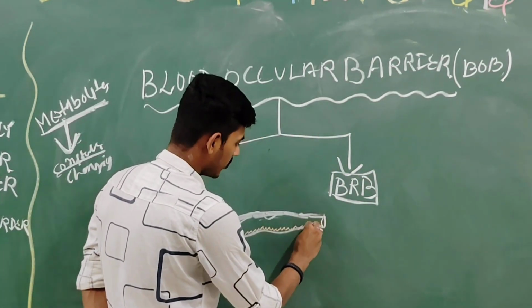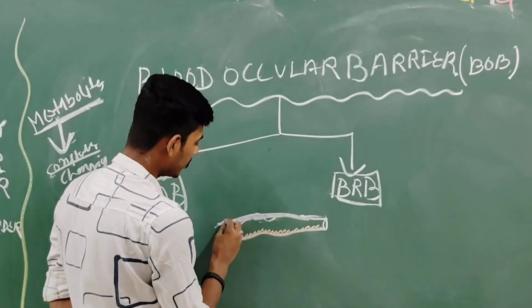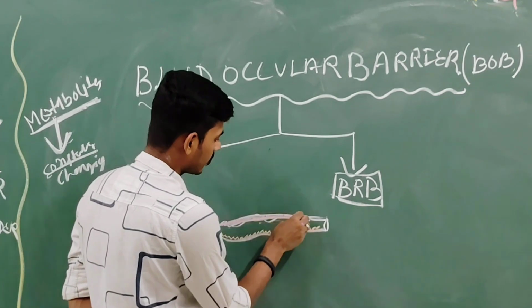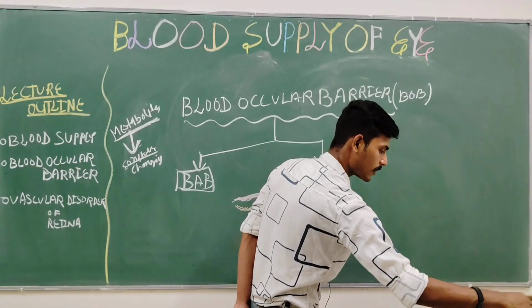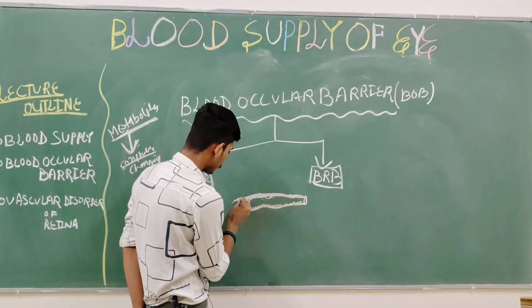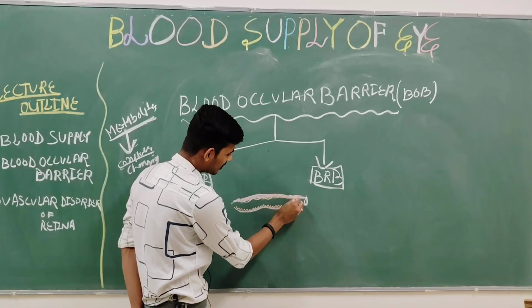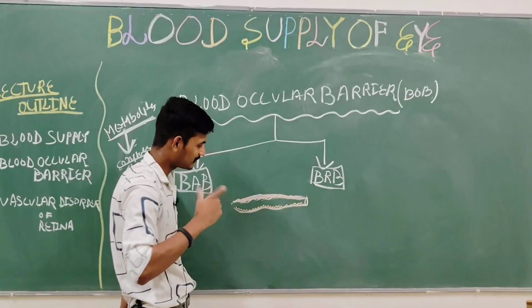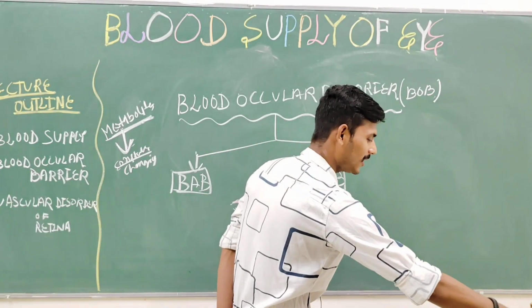Blood vessels have one endothelial lining. See how miniature these blood vessels are, but they are properly oriented.